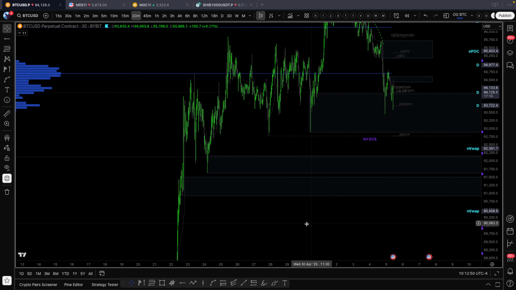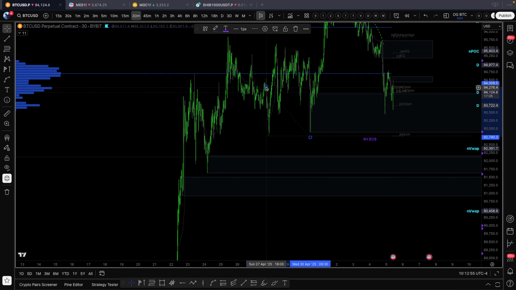And we can also look at this area here. We have these equal lows, or near equal lows here, and we can look at that as liquidity as well. So this is why I was saying this 4-hour break of structure is very important. If we get a strong candle break below that, that's going to be very bearish.